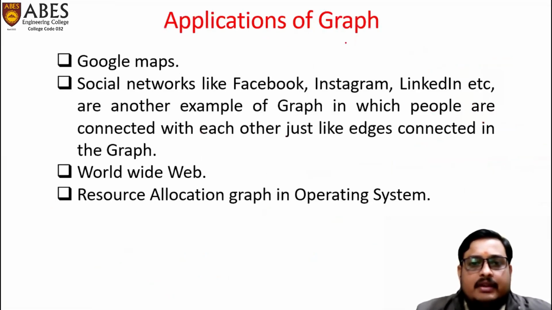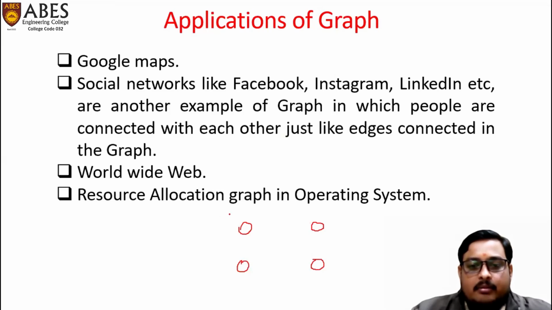Now, what are the applications of graphs? Google Maps is a very good example of a graph. In Google Maps, cities are represented as nodes, and the paths between them can be seen as connections.